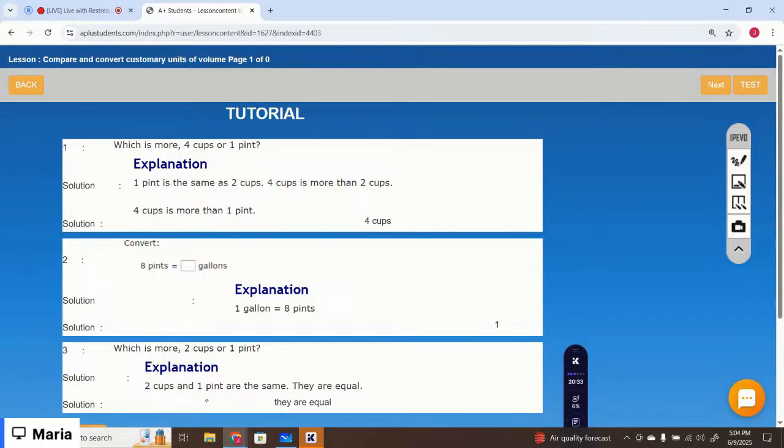Which is more, 4 cups or 1 pint? One pint is same as 2 cups. 4 cups is more than 2 cups.